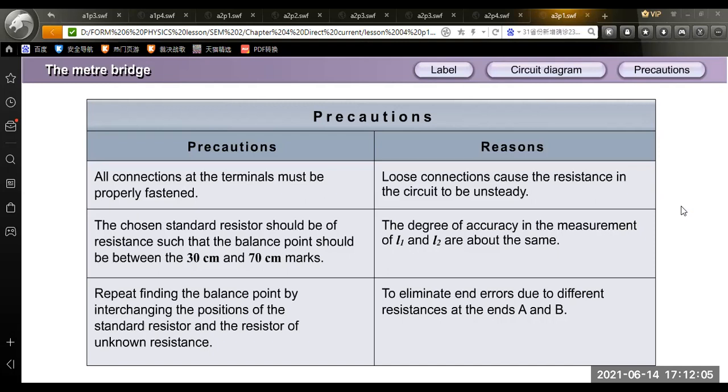Once I reverse the resistor and the unknown resistance wire, the length from A to the jockey should be 70, and from the jockey to point B should be 30.